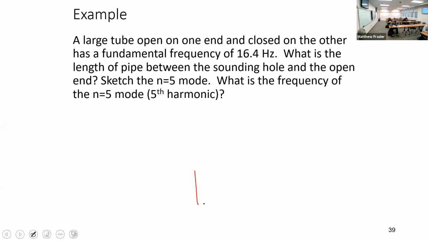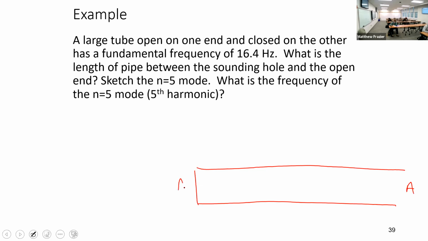So there's our closed end, and there's our open end. We have to have an antinode at the open end and a node at the closed end. And since it's n equals 5, we know that this length, L, represents 5 over 4 lambda.